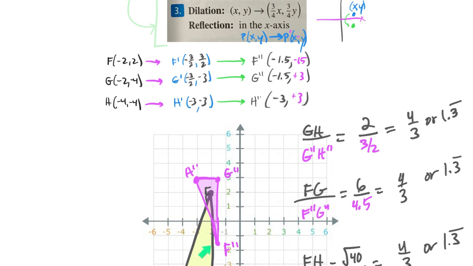And if they're similar, then when you divide a side by the corresponding side, the answer is always the same. So the shortest black side divided by the shortest pink side, 4/3. The medium black side divided by the medium pink side, 4/3. The longest black side divided by the longest pink side, 4/3.